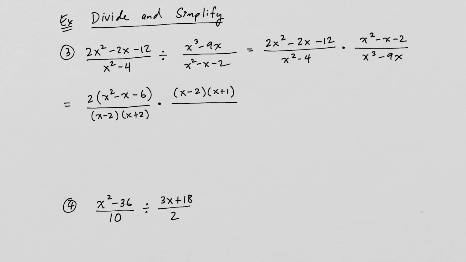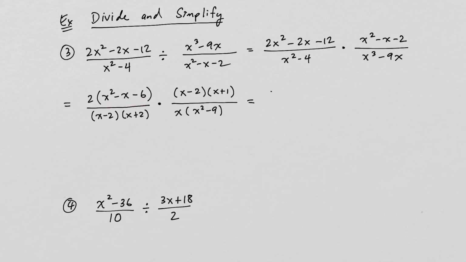And the denominator has a common factor of x, and when I pull out that x, we get x squared minus 9 left over. So now we just need to factor x squared minus 9, which is the difference of two squares, and this trinomial here.